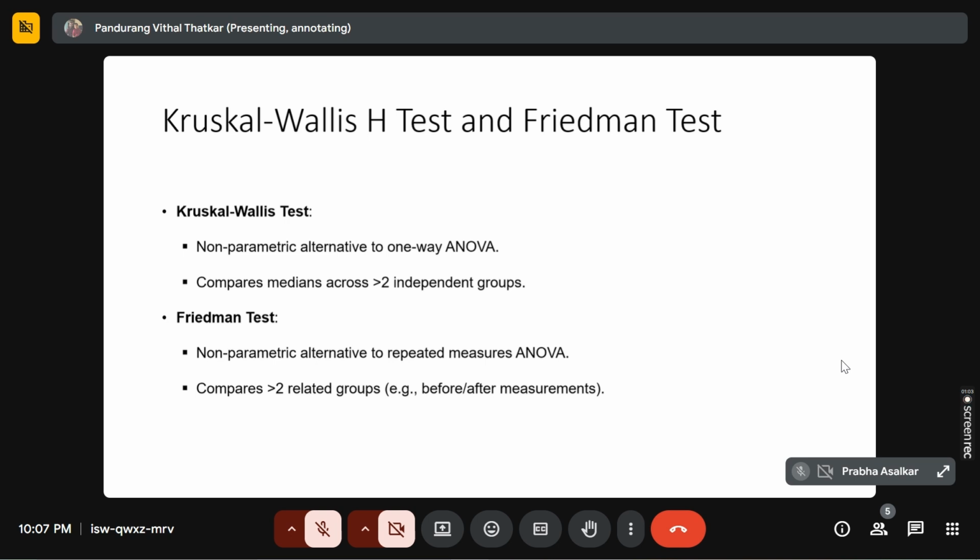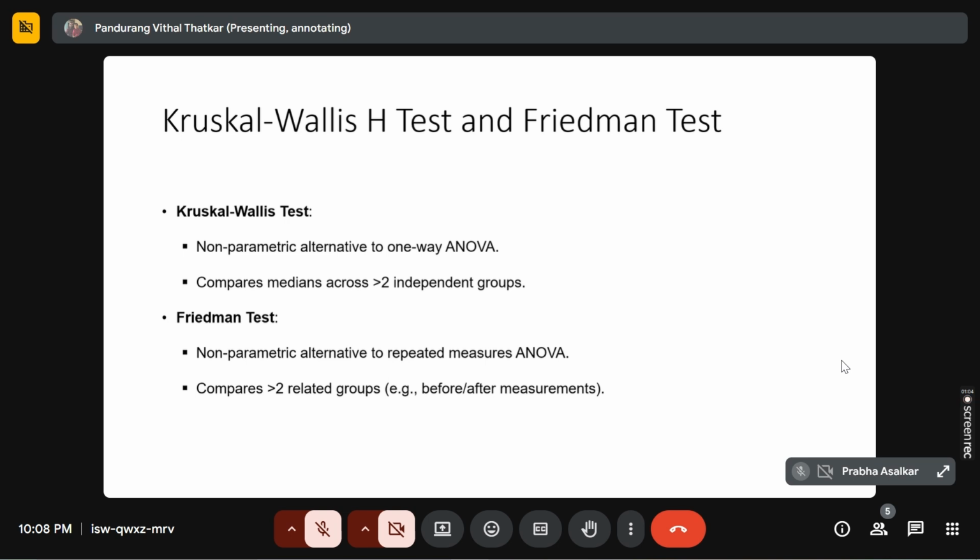When you have more than two groups but the data is not normally distributed, or you are using a non-parametric test, then you go for the Kruskal-Wallis test. Generally these two are important. And this is one of the important concepts as well: if you have more than two groups and you are repeatedly taking the observations, then the Friedman test. Is that right, sir? Yes, sir. Friedman ANOVA.